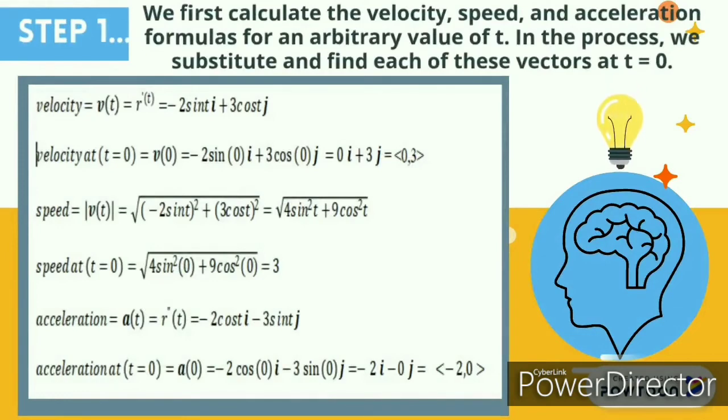Then we need to determine the speed, which is the magnitude of the velocity, and we will get the speed at 3. Next, to find the acceleration, we need to differentiate the velocity vector, and we will get the acceleration at negative 2 cos t i minus 3 sin t j. After we substitute t equal to 0, we will get the vector at coordinate -2, 0.